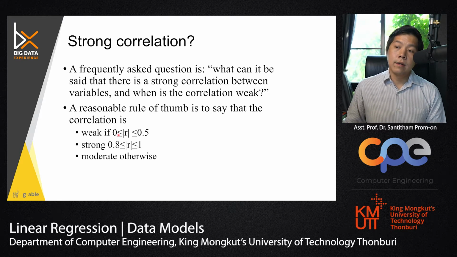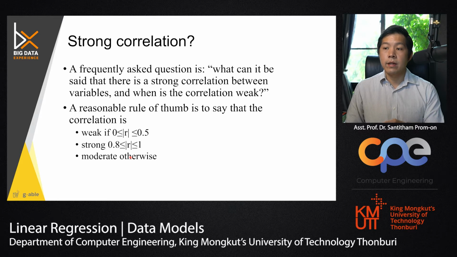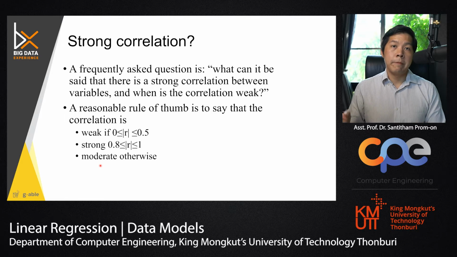If they are about 0, say minus 0.3 or minus 0.4 to 0.4, then you've got weak relationships. Other values like 0.6, 0.5, 0.65, 0.7 can be thought of as having moderate or medium correlations, but there is no fixed rule here. It depends on the data, it depends on the studies.